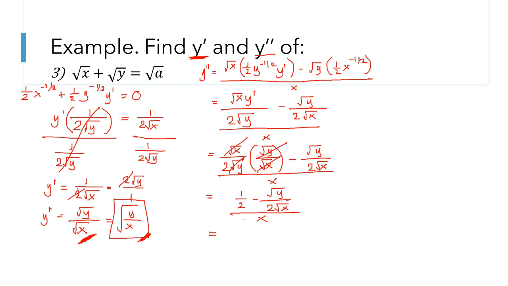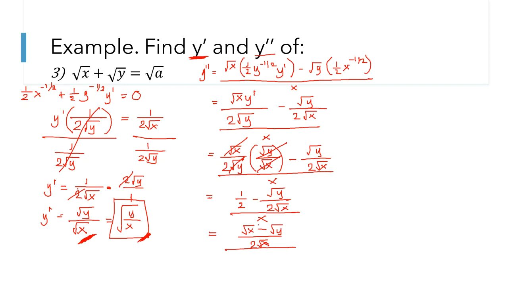So we can combine this one, find the LCD. In this case, our LCD would be 2 square root of x. So what would happen to the numerator here would become square root of x. And here, it's just the same, square root of y.